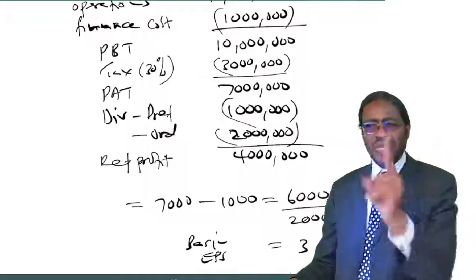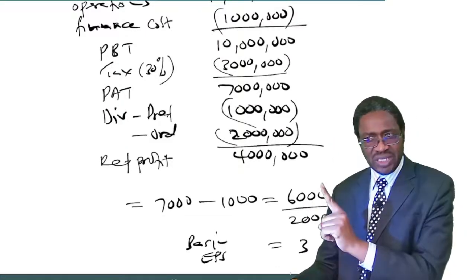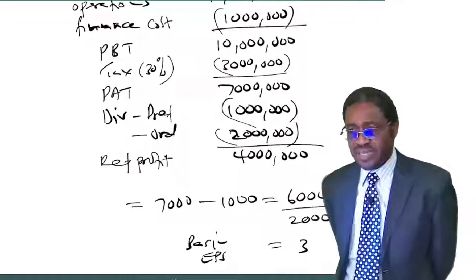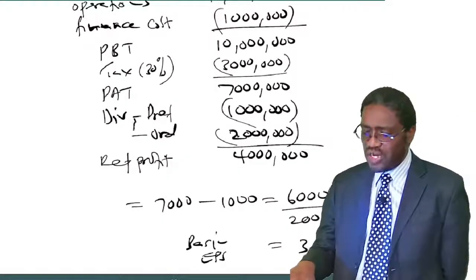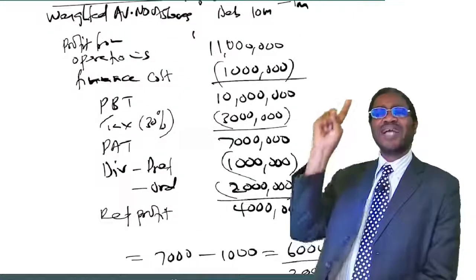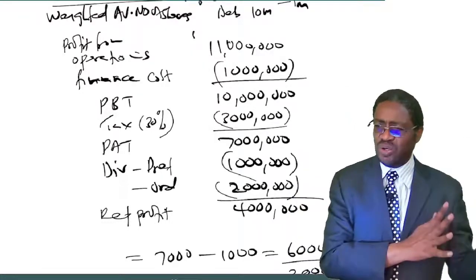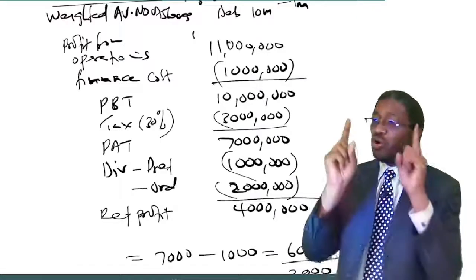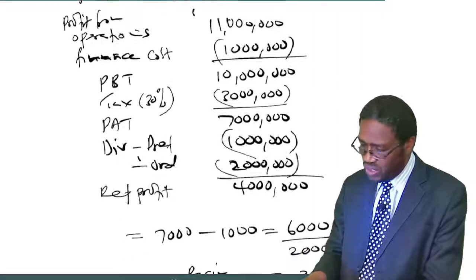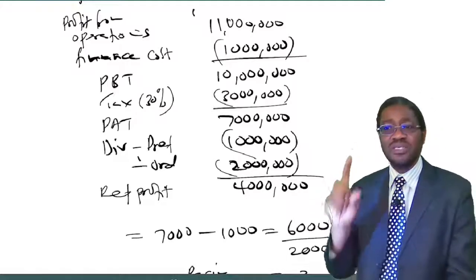Now, had the debenture holders converted, not that they have converted, but had they converted the debentures many years ago when we issued them, it automatically means that the earnings attributable to the ordinary shareholders would no longer be 6 million.